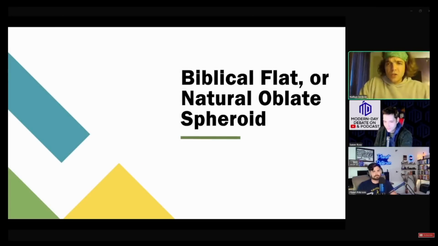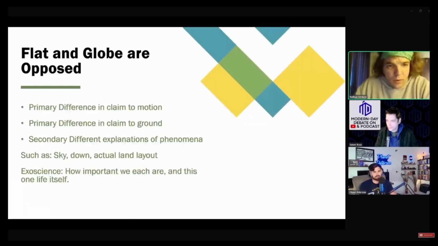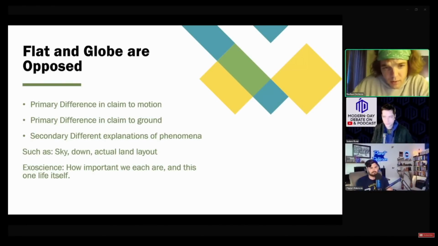All right. So, this is the biblical flat Earth topic or natural oblate spheroid. Essentially, there are two options for the cosmology of the Earth, and they are exclusive of one another. There are primary difference claims in motion and in the shape of the ground, as well as secondary different explanations of phenomena, like the sky and down and actual land layout.